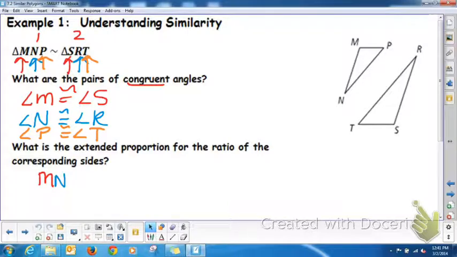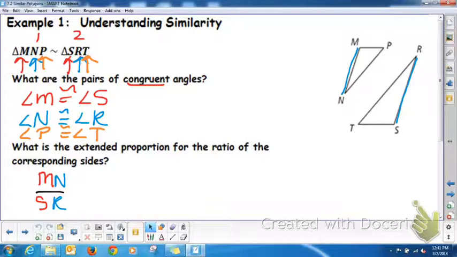So it's this side right here, MN, and it corresponds to what side? It goes to SR. MN corresponds to SR.